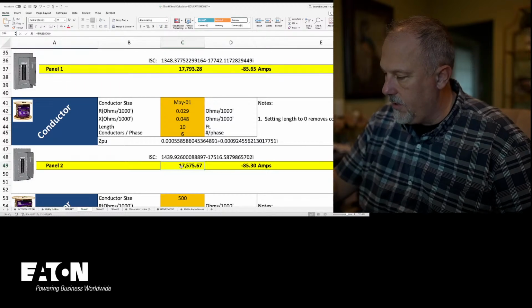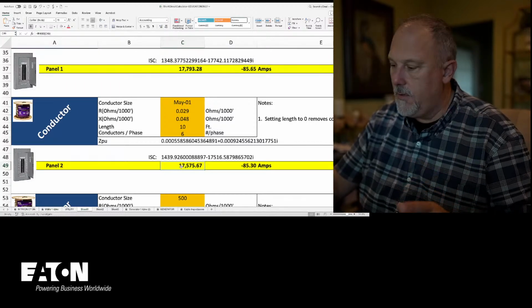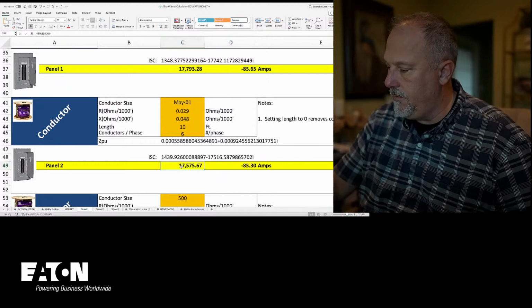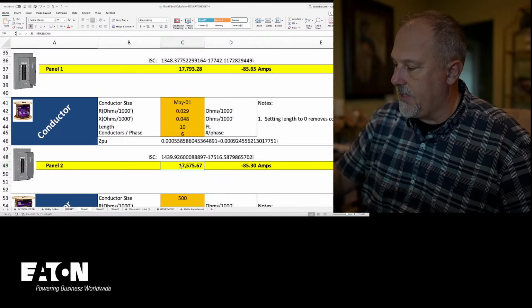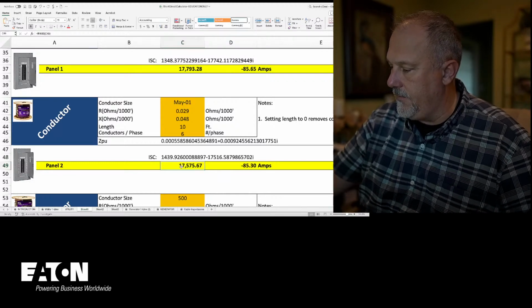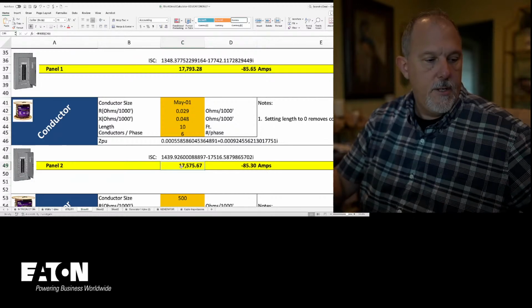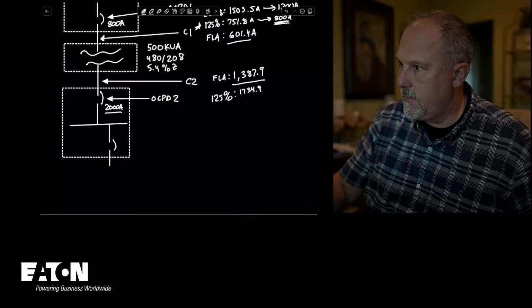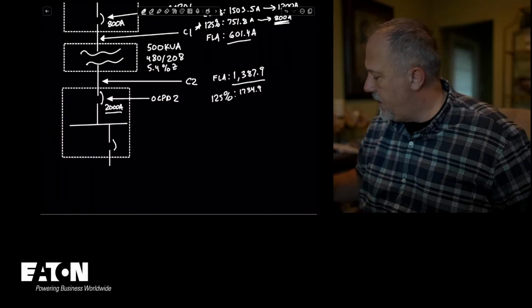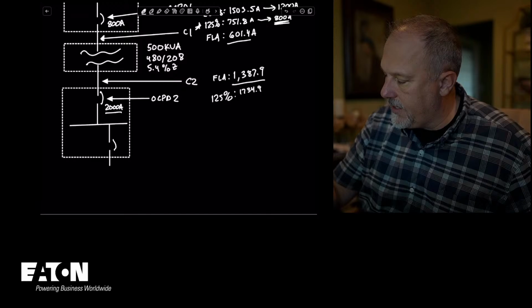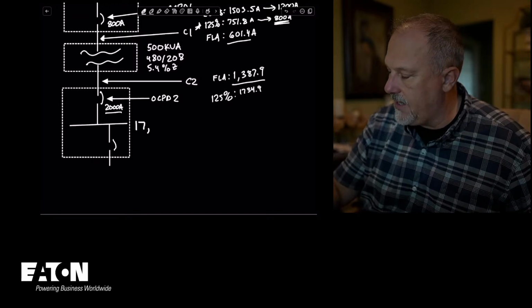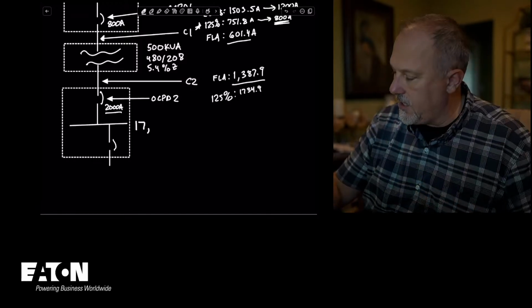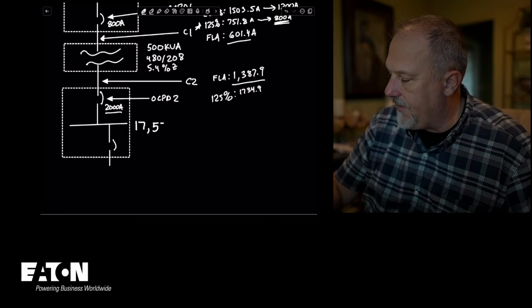Okay, so now I know, based on my one-line diagram, let's go back to my one-line diagram. So now I know that at this bus right here, I have, I'm going to use from my spreadsheet, 17,575.